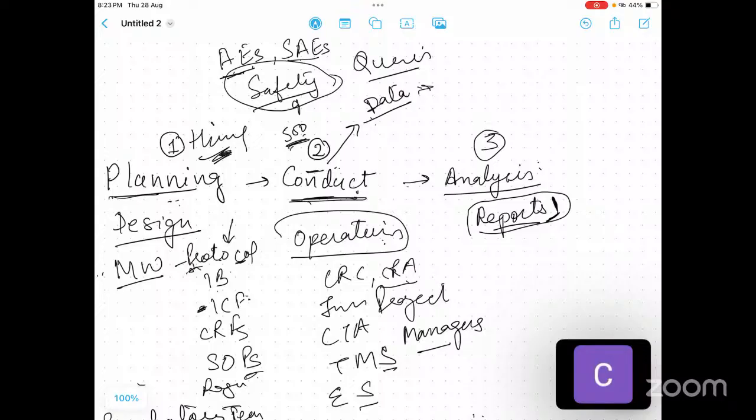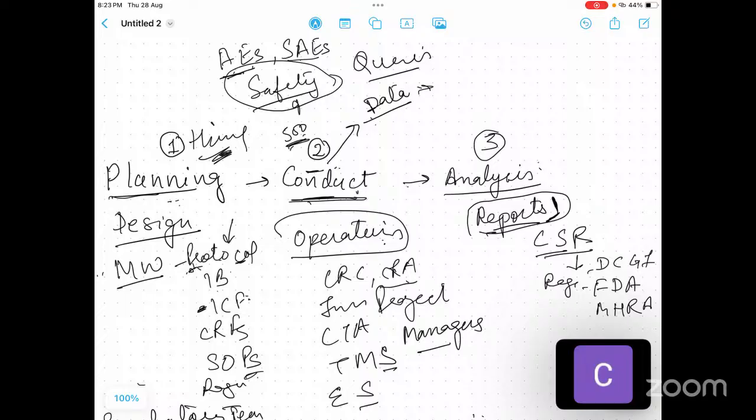We have to report. It is just like when we were in 12th, for example, or in any class, we have done our whole session, we have given exams. Now the report card will tell our status. That is all. And this CSR, clinical study report, is going to be submitted to all the regulatory bodies, like in India DCGI, in the US FDA, in the UK MHRA, for example.